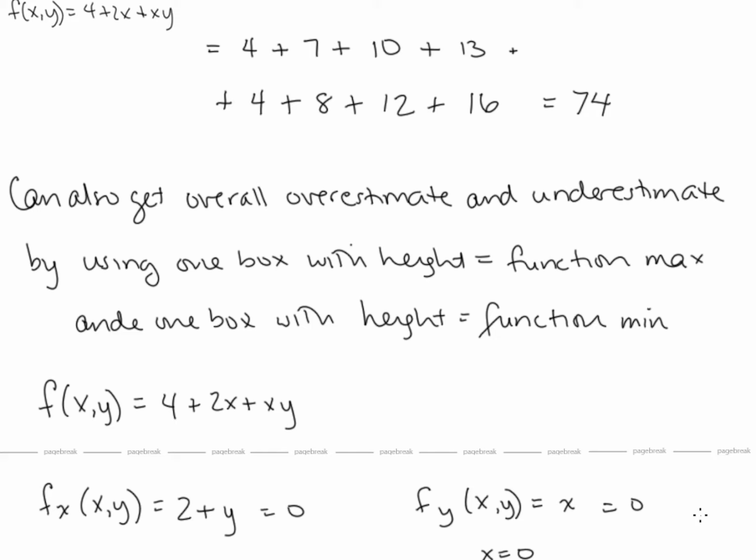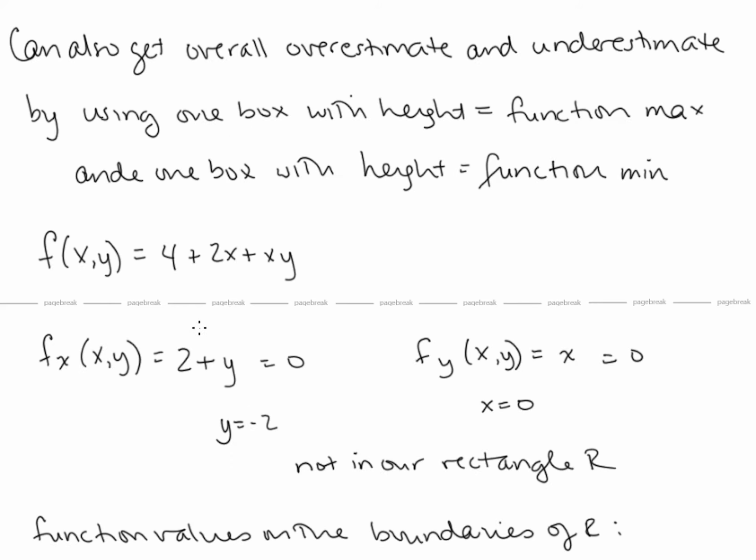We could take the highest point on this surface over this region and take one box of that height. We could also take the lowest height of the surface over this region, and take one box of that height. And those would give us an overall overestimate and an underestimate for the volume that we're looking for. So if we do that, we need to know the absolute max and min of this surface over this region.